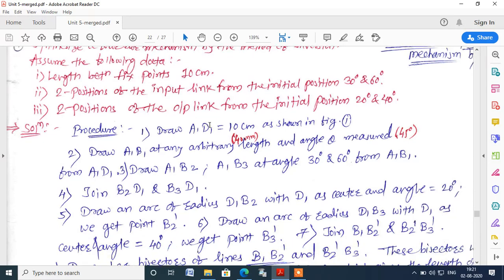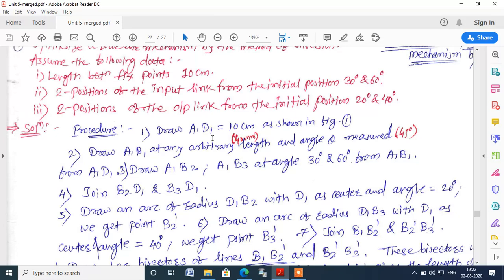So I have written the procedure. So how to synthesize 4-bar mechanism by method of inversion. So you take down this procedure and accordingly draw at your end. So for that you require the sheet or maybe a sketchbook, and you require the compass, then pencil.